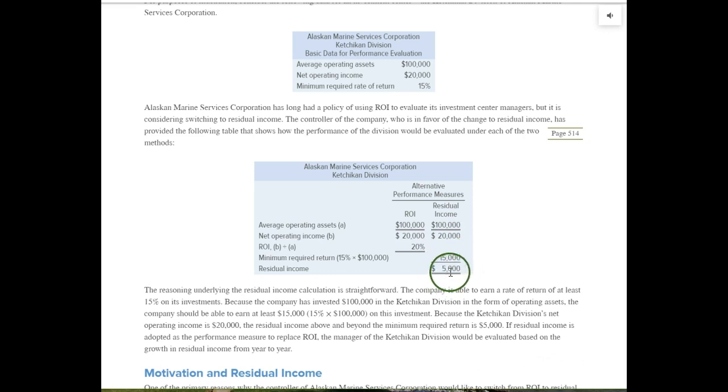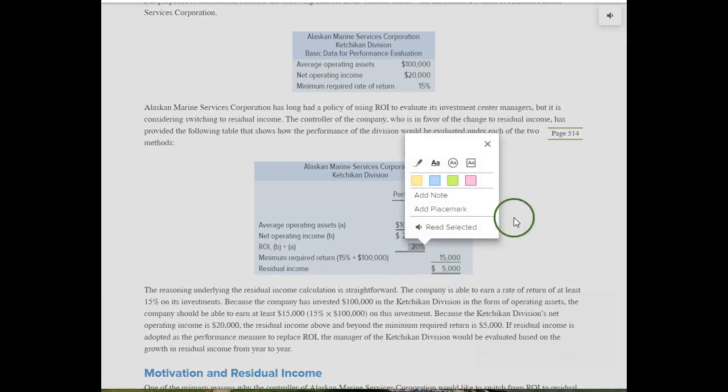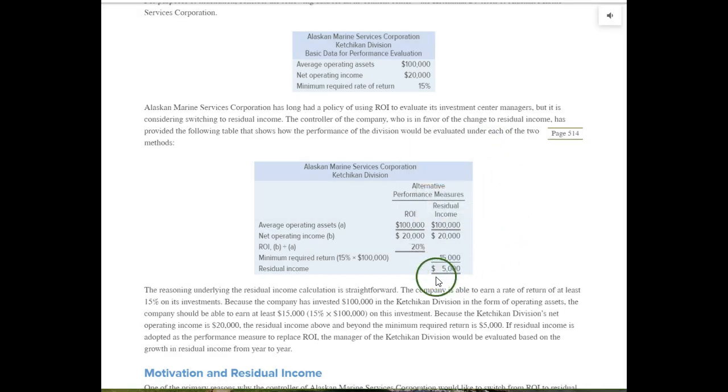So we have residual income, the excess, of $5,000. Now here's the ROI, 20%, just taking $20,000 divided by $100,000. So this is your ROI right here, but our residual income is $5,000.